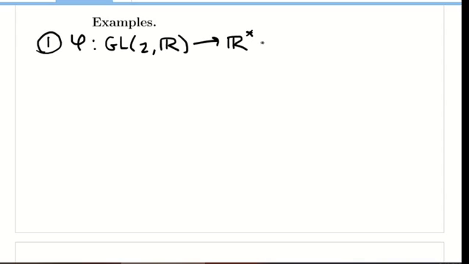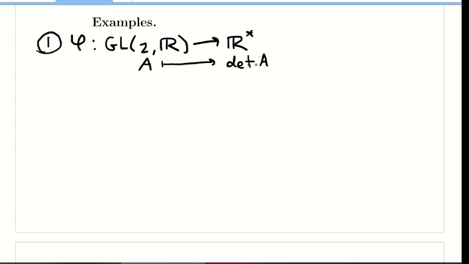So that is the real numbers without zero using the operation of multiplication. So what's the kernel here? Oh, sorry, what are we going to do? We're going to take a matrix that has a non-zero determinant, and the map is going to give us the determinant.